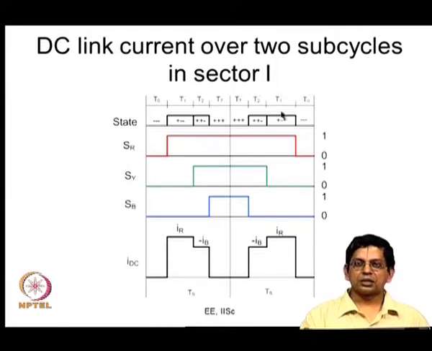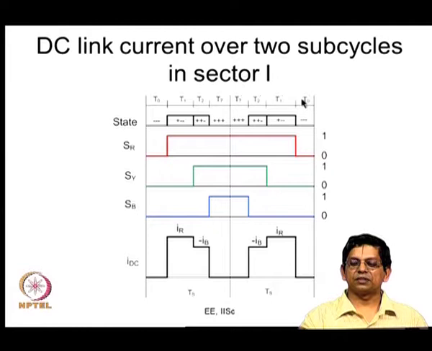Because that angle alpha has changed and the 3 phase references have changed slightly, your active vector time T1 is slightly changed to T1 dash, T2 to T2 dash, and similarly Tz to Tz dash, and now we are calling these T0 dash and T7 dash. So, there are some slight changes, because the reference vector angle has changed.